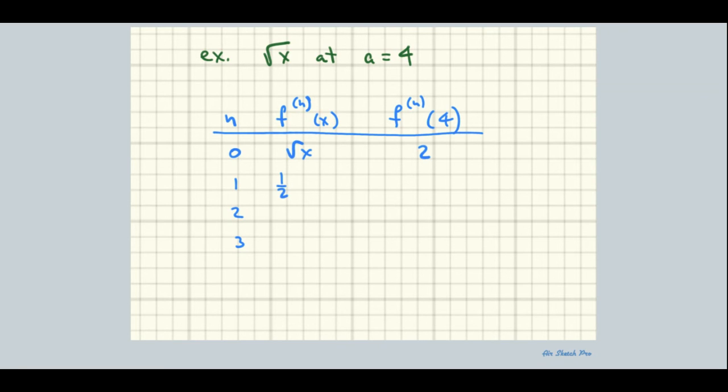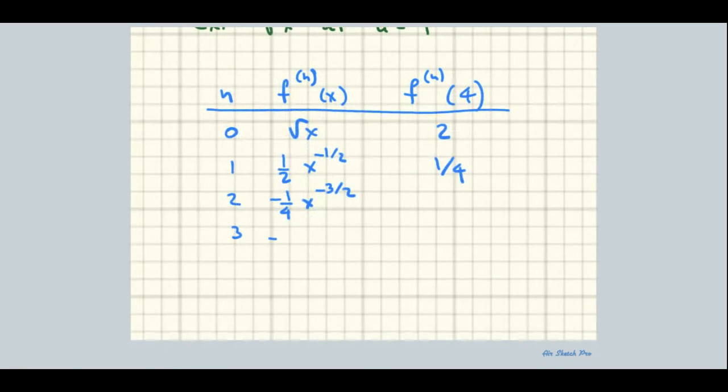The first derivative is 1/2 x to the negative 1/2, yeah? And at 4, what's that equal to? Somebody tell me what the first derivative at 4 is. Yeah, that's right, Lourdes.